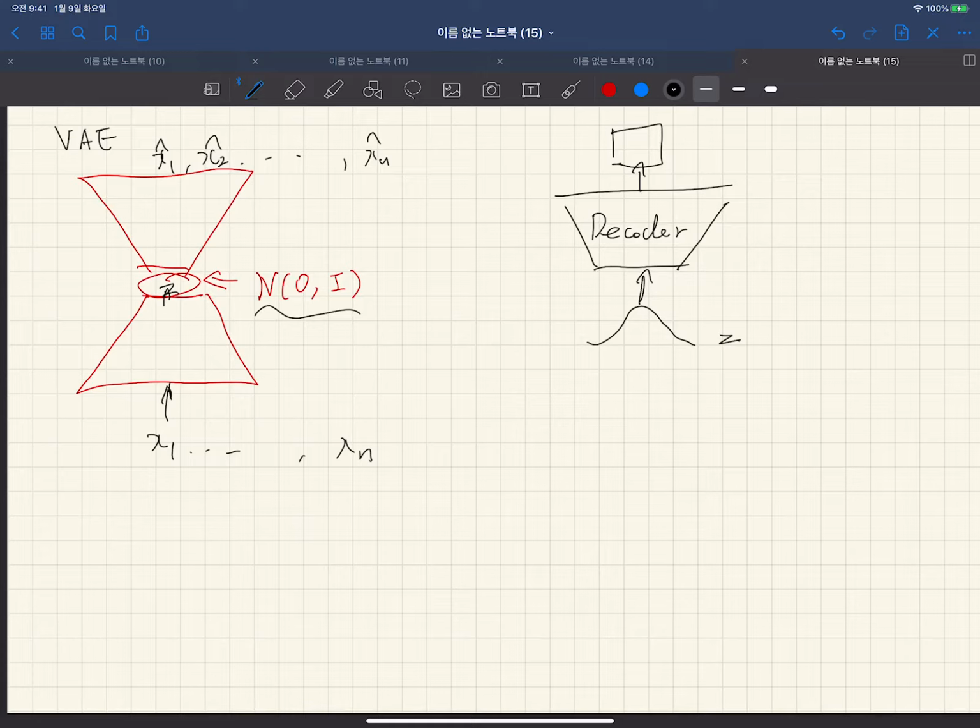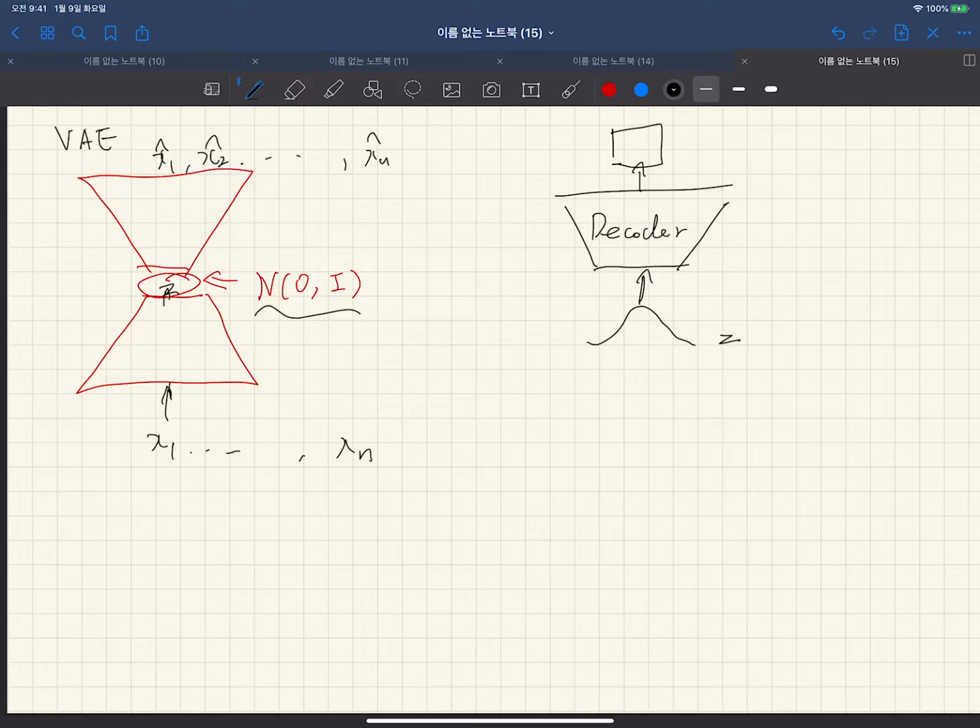Because here we give some meaning to the latent variable space, so that all the areas having very high probability for the normal distribution are more likely to be mapped to real images, because we have some constraint on the latent space.